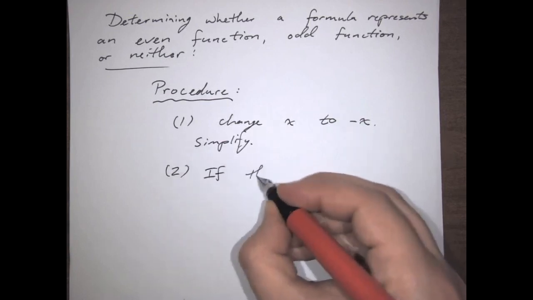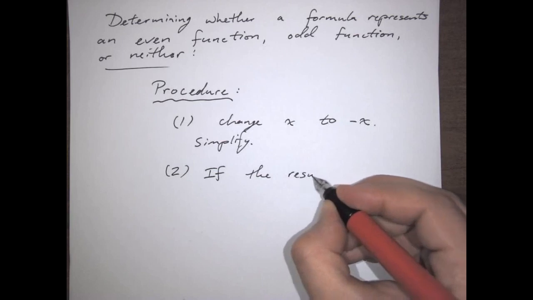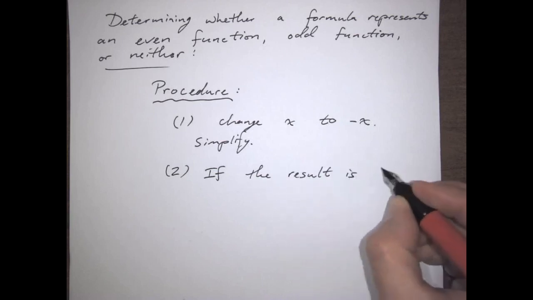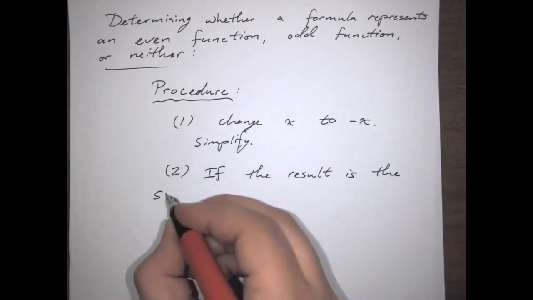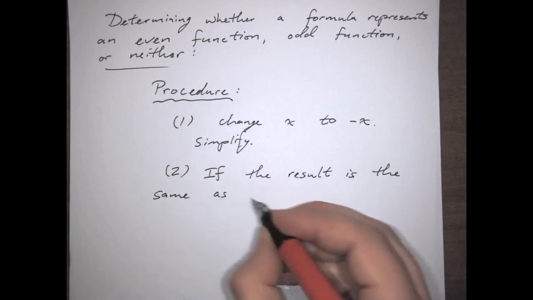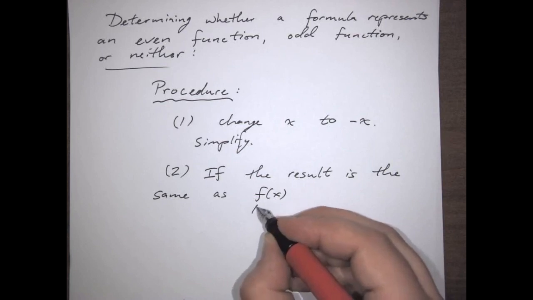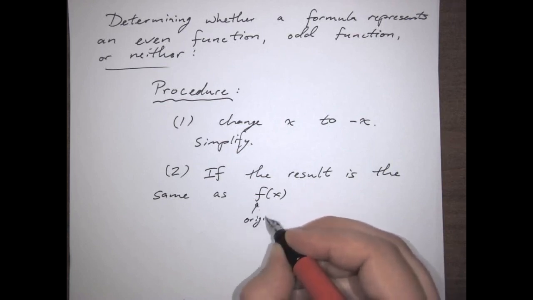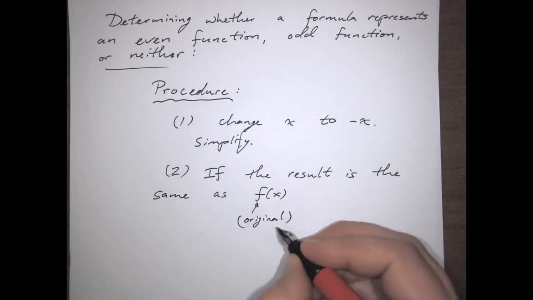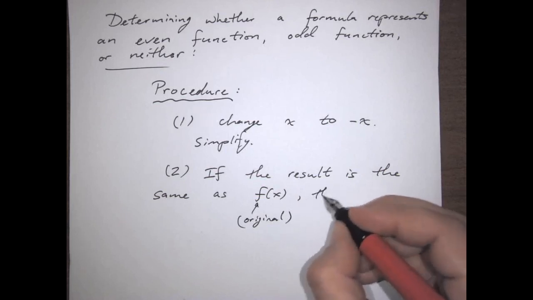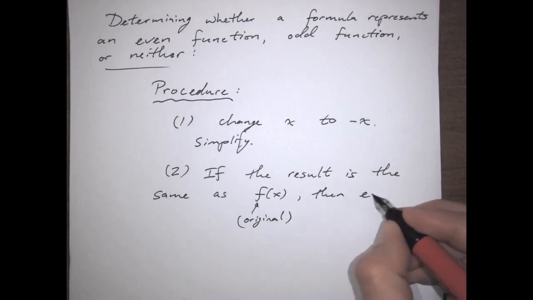If the result is the same as f of x, in other words, the original, then even.